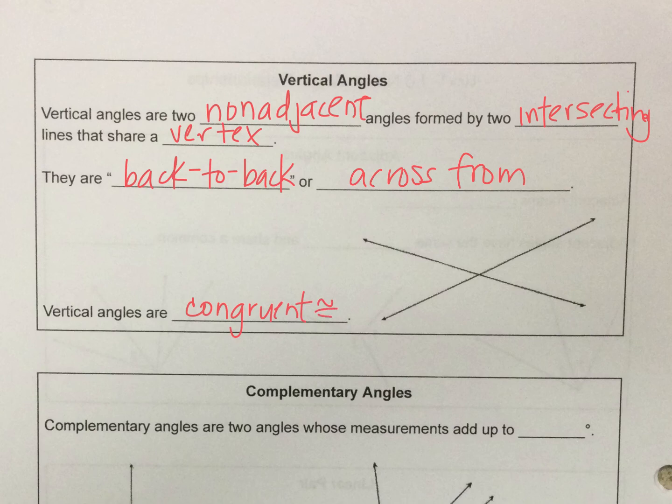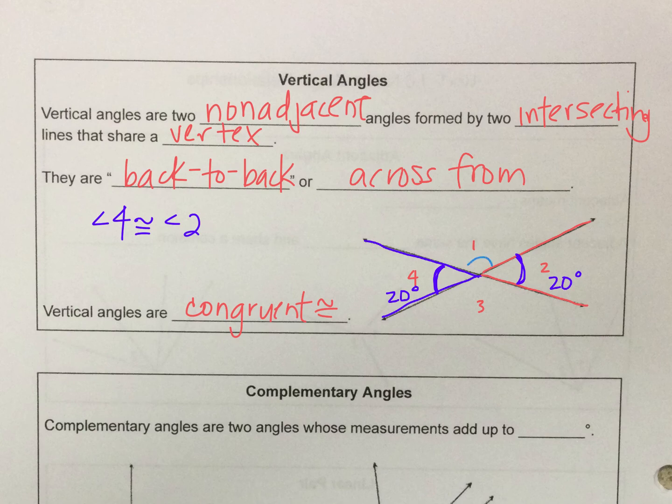So what that means, I'm going to label these angles 1, 2, 3, and 4. Okay, so angle 4 right here, the angle that it is across from is angle 2. These guys are vertical. 4 is vertical to 2. That also tells me that if I told you angle 4 was 20 degrees, we would know that angle 2 is 20 degrees because they're congruent.